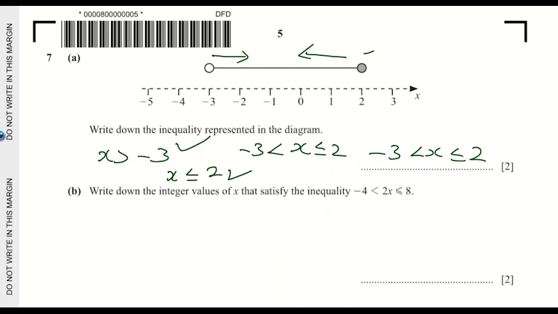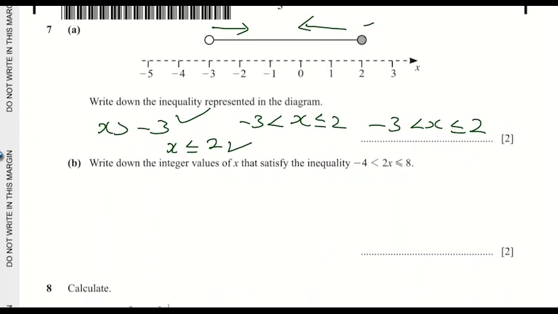So part B, write down the integer values of x that satisfy the inequality. This is minus 4 less than 2x, and 2x less than or equal to 8. Let's take the first part, minus 4 less than 2x. Divide both sides by 2. You have negative 2 less than x. So that is the first answer.